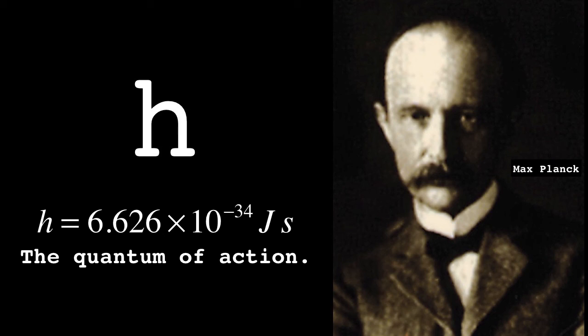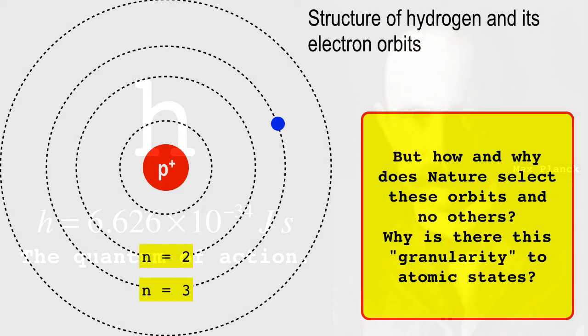And actually what I think I'll do is give you this in electron volt seconds. It's a little easier to do in electron volt seconds than joule seconds. That's called the quantum of action, h, Planck's constant. And it is the thing that rules the hydrogen atom and every atom. Every physical interaction in the universe is involved with Planck's constant.